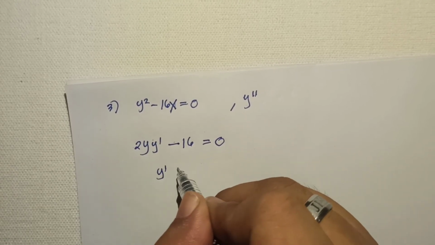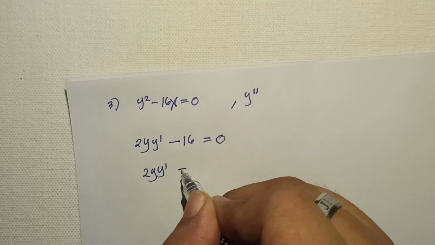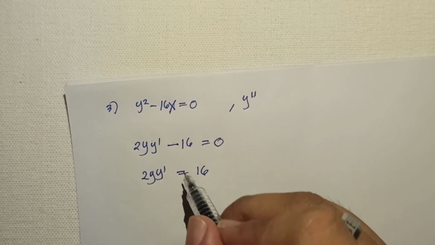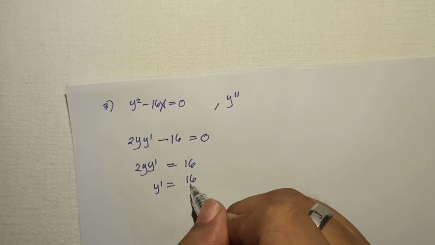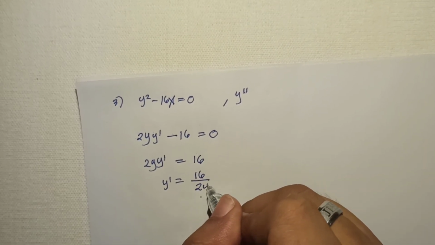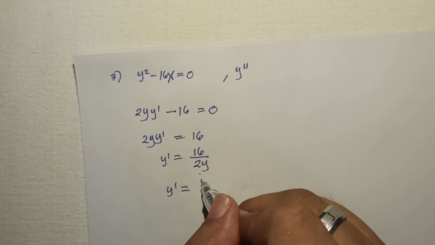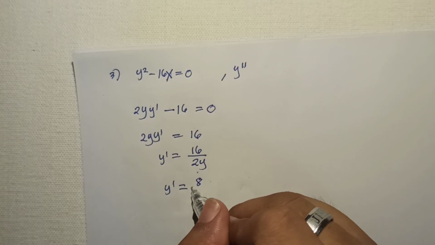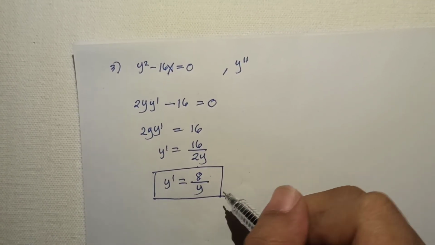So 2y y prime is equal to 16. So y prime is equal to 16 over 2y. So y prime is equal to 8 over y. So this is the first derivative.